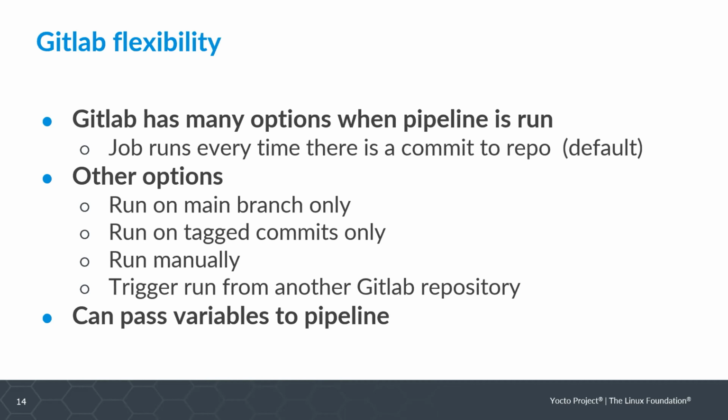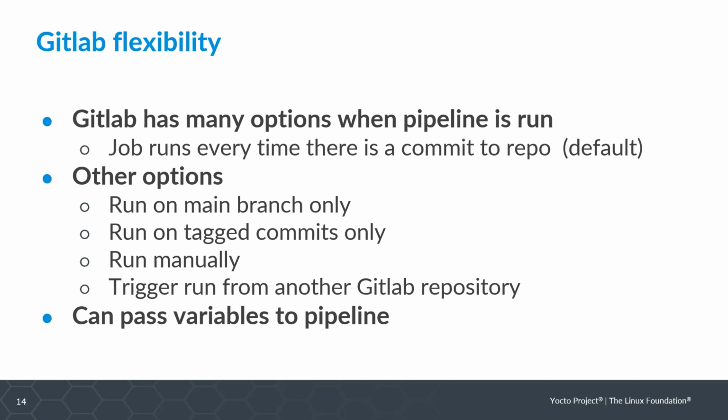I'm not going to go over those, but I'll just mention them. You can have it run on the main branch only, which is nice if you're doing work in a separate branch that you'll eventually merge back into main, so that while you're working on the sub branch, you're not running lots and lots of jobs. One of the things I've switched to recently is I have a quick check run on every commit, but I have only deploy and test run on tagged commits.